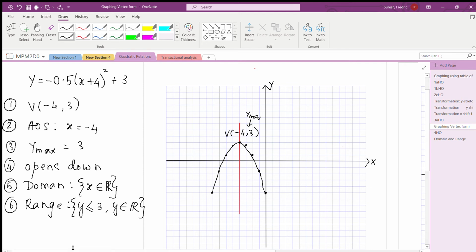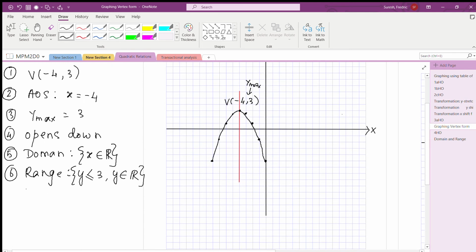Okay? And finally, there's another piece of information that we can get, and that is the y-intercept. It so happened that when I plotted this graph, the y-intercept happens to be 1, 2, 3, 4, 5, (0, -5), but it's a lot easier to get this from the equation itself.